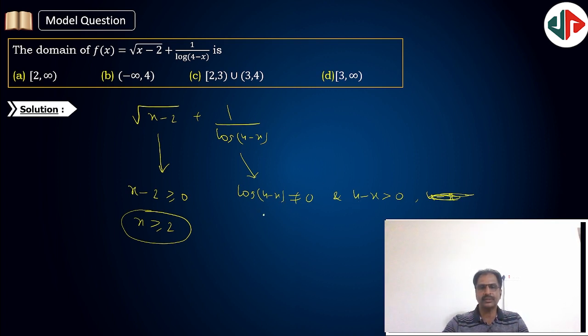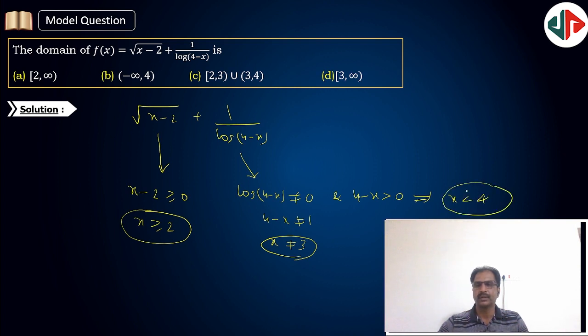Log of 4 minus x not equal to 0 means 4 minus x not equal to 1, which means x not equal to 3. Here 4 minus x greater than 0 means x less than 4. So we have three conditions. It should be greater than or equal to 2, it should be less than 4, and x should not be 3. Then what will be the domain?